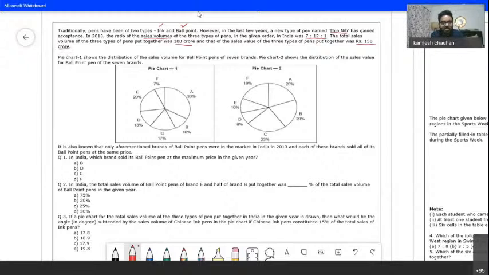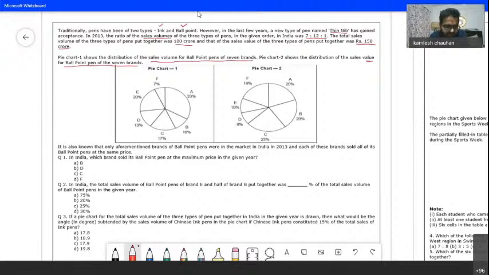Pie chart one shows the distribution of sales volume of ballpoint pens of 7 brands, and pie chart 2 shows the distribution of sales value of ballpoint pens of 7 brands. So this is value and this is volume, and this is just for ballpoint pens, so we don't have information about ink or thin nib.